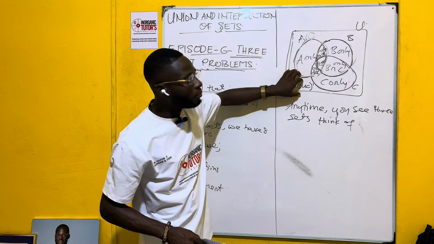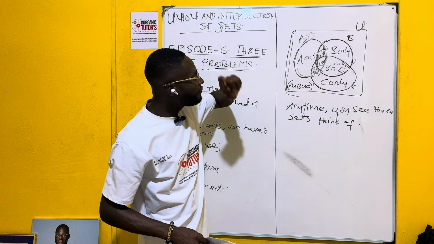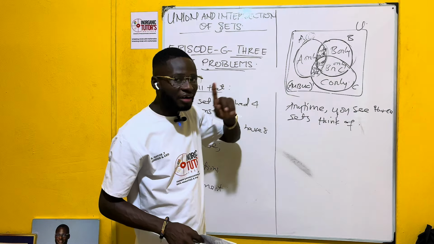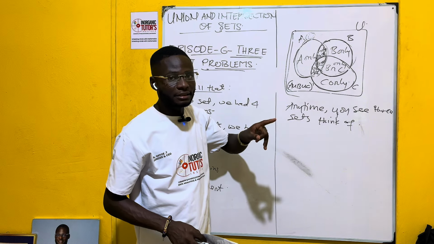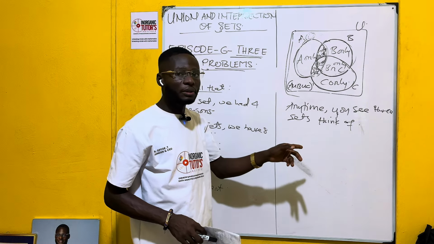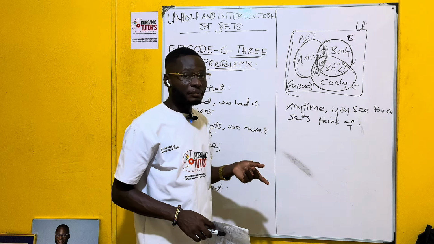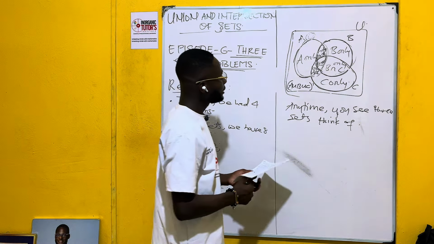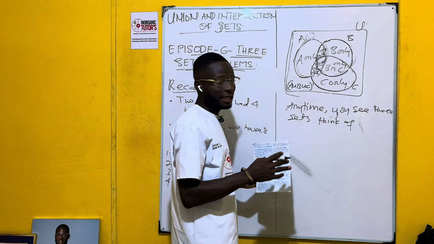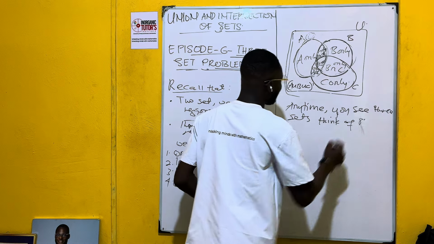You don't have any complement. But if the complement comes in, then you have to think of 8 regions. But if there is no complement, then you have to think of 7 regions, right? So it's either 7 or 8. So let's call it 8, right?